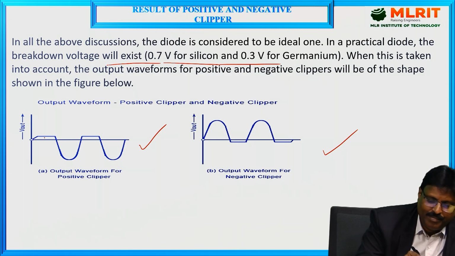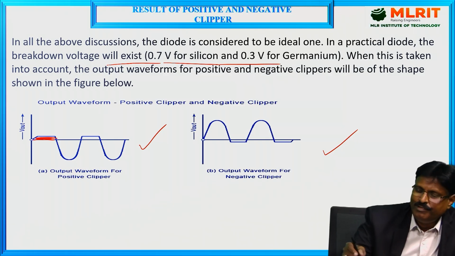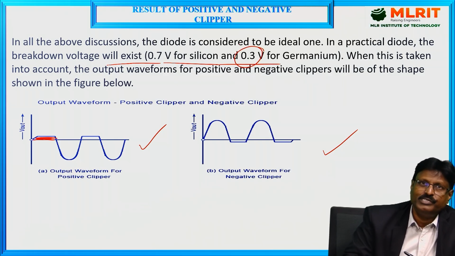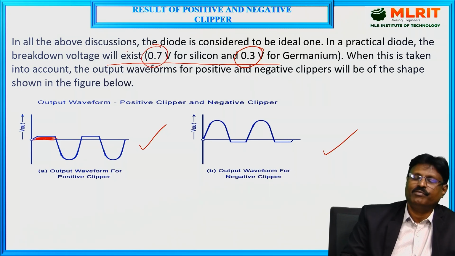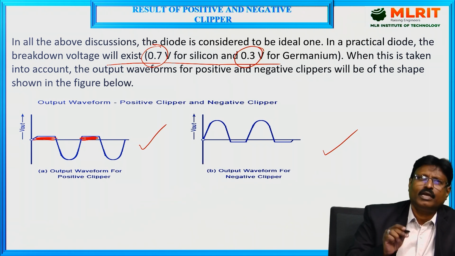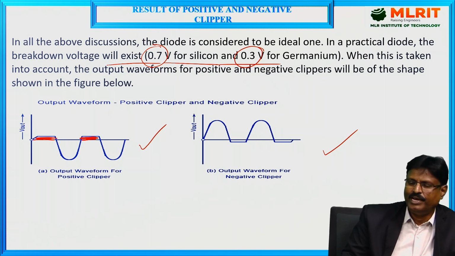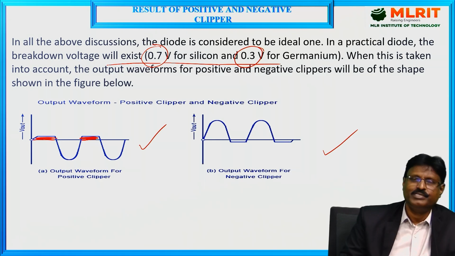But what is happening here under practical conditions, some non-zero output voltage is defined in the positive peak, and that value will be equal to 0.3 volts for germanium diode and 0.7 volts for silicon. Here also, in the second cycle, instead of 0 a non-zero value is defined, and that value will be equal to 0.3 volts for germanium and 0.7 volts for silicon, right?